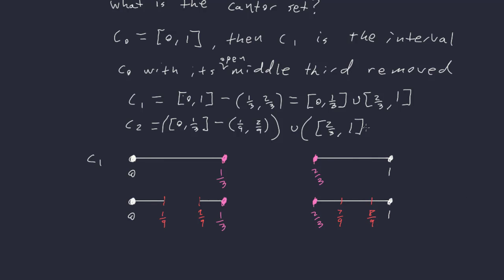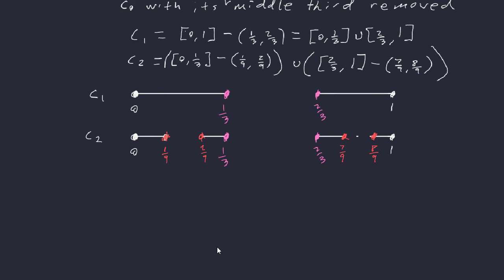So we are removing the open set 7/9 to 8/9. Okay, and for me, it's easier to just see what's happening when you look at the graph. Okay. And so here's C2. All right, we're removing the middle thirds of everything we have left. Pretend I've drawn this all to scale and that it looks decent.